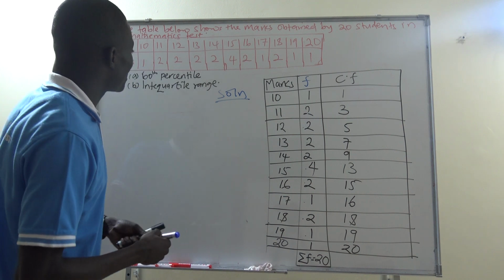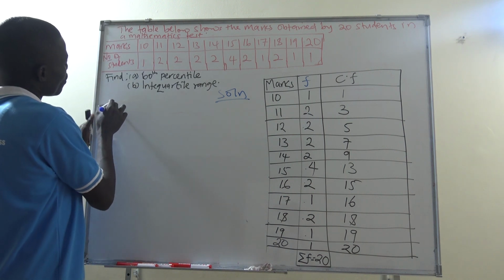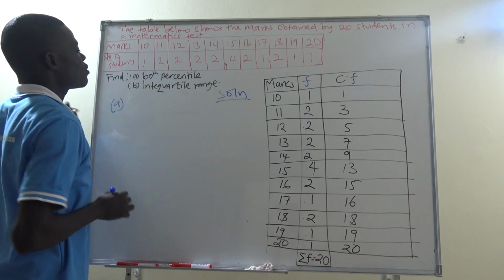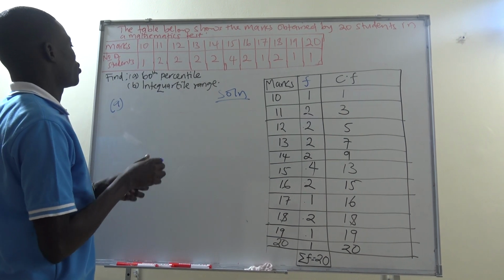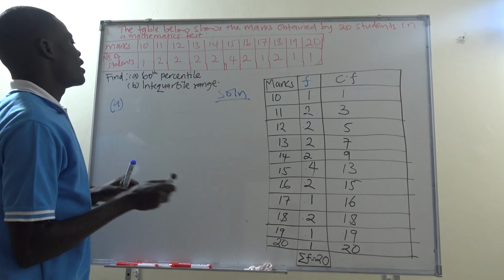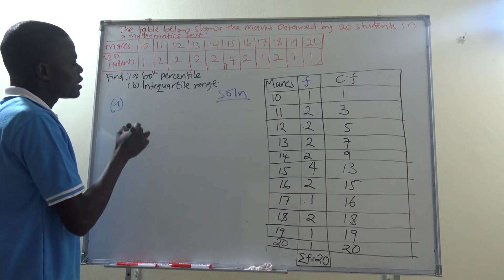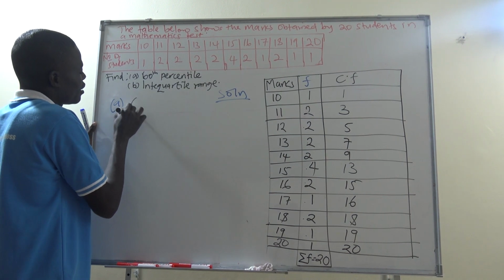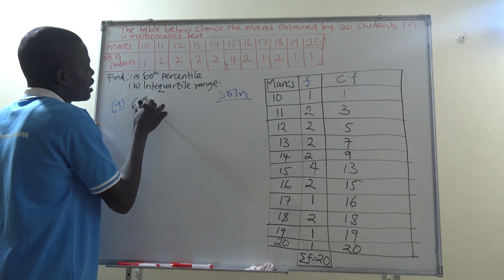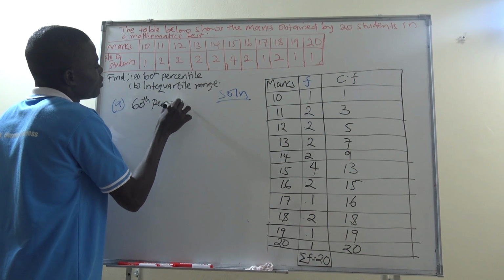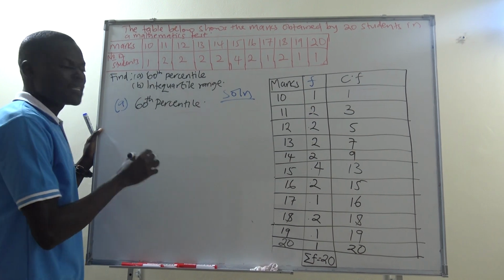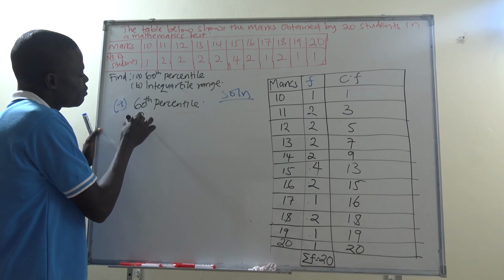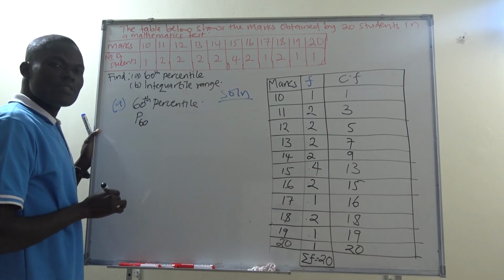Then this one will bring us straight to the question now. The first part, they are saying we find the 60th percentile. We say that the 60th percentile is denoted by P60.